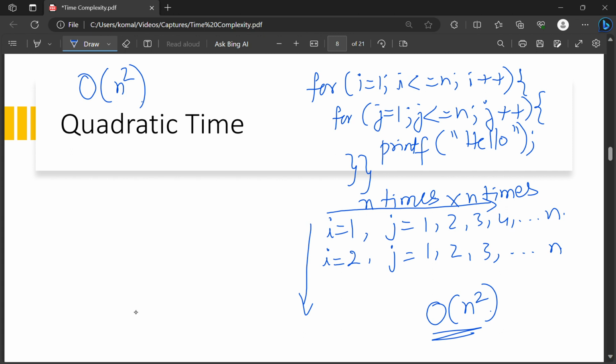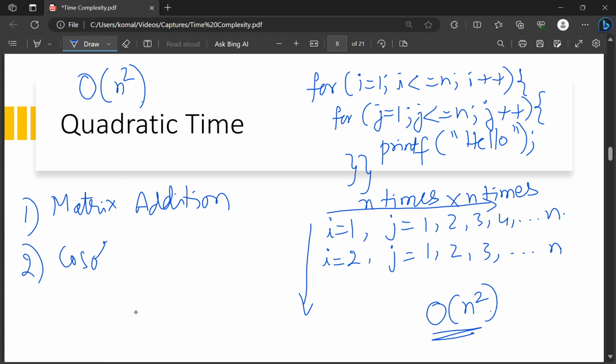One example I can give is matrix addition. Takes quadratic time. Another example is consolidated multiplication table.